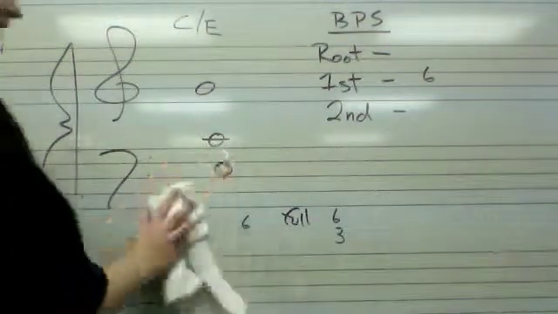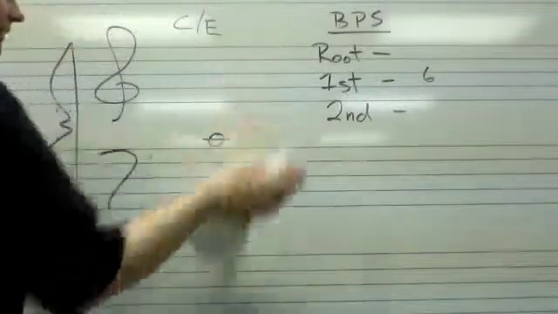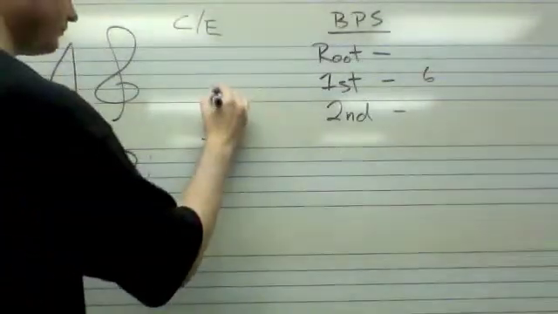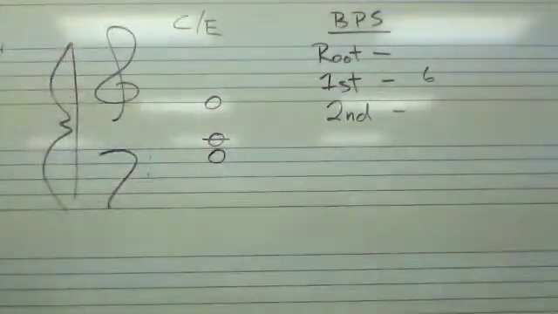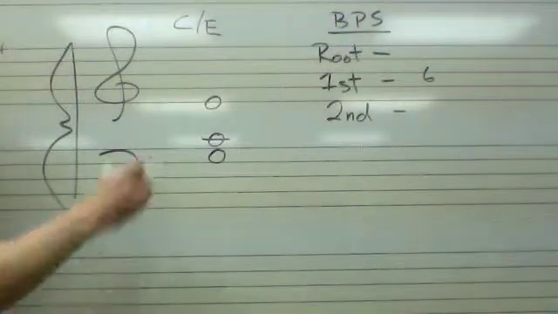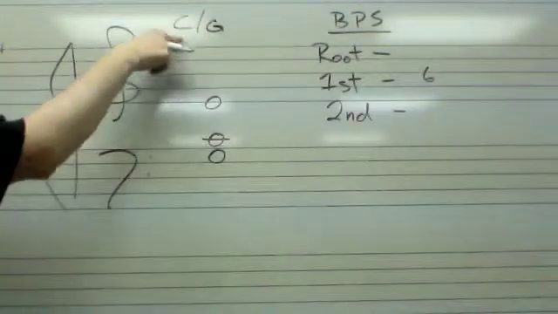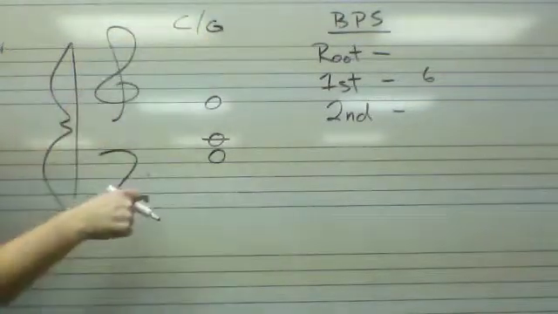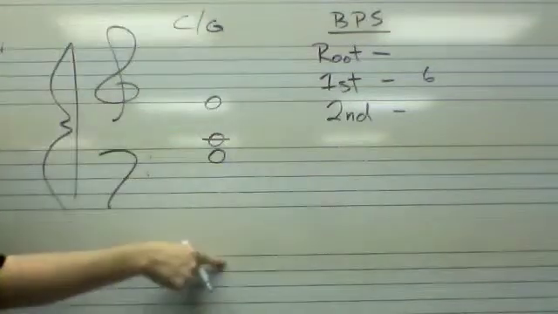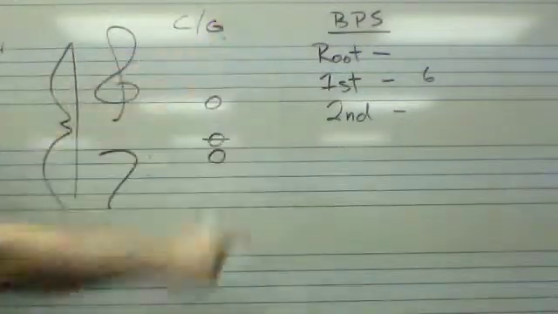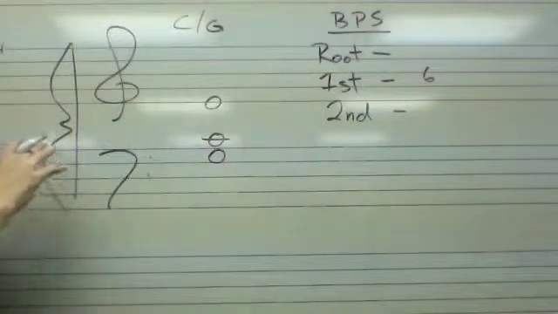Let's turn this into a second inversion triad. So I have to flip a couple of the notes. This is now second inversion, but I haven't changed the notes, so it's still C major, C over G. Remember, this is the lead sheet symbol. This is not the bass position. Bass position symbols go below the staff. Lead sheet symbols go above the staff. I will be consistent with that.